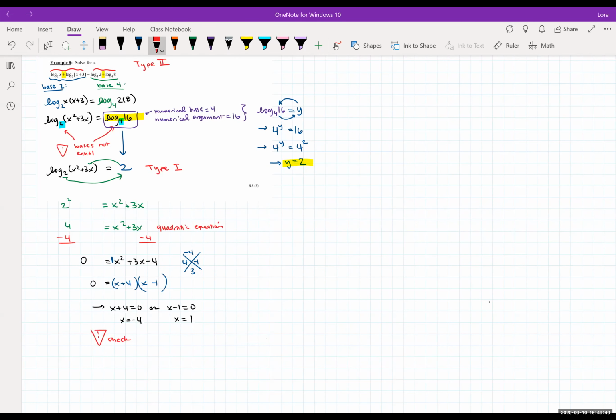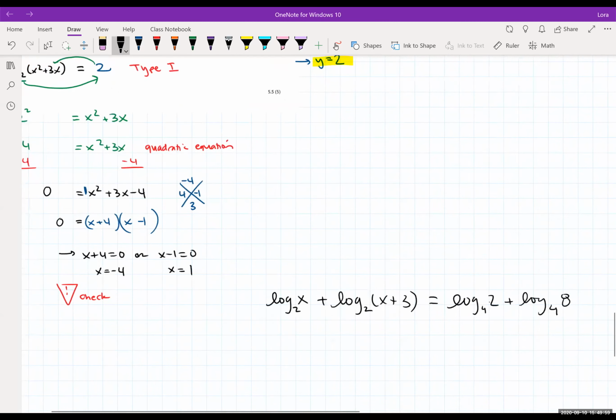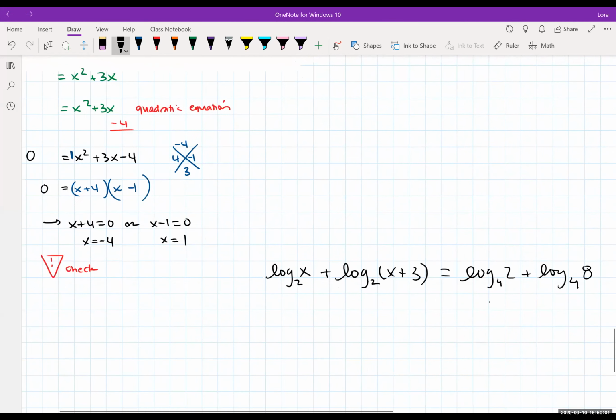Log base 2 of x plus log base 2 of x plus 3 equals log base 4 of 2 plus log base 4 of 8. I just want you to refer to this in a second.